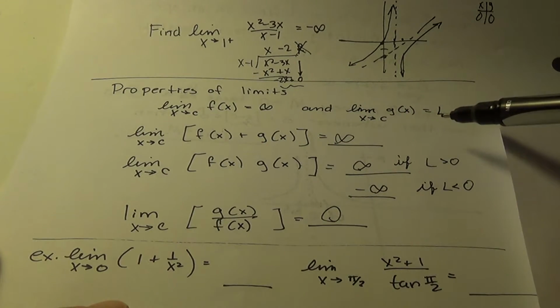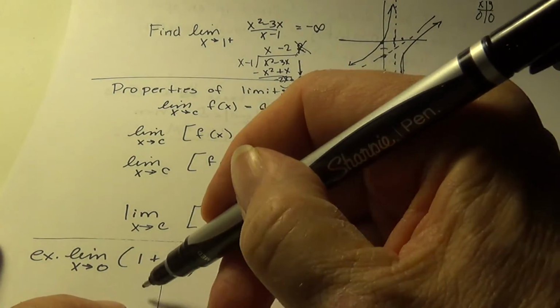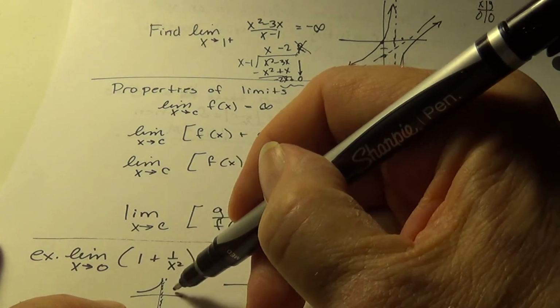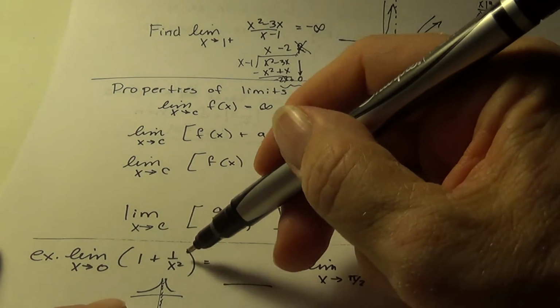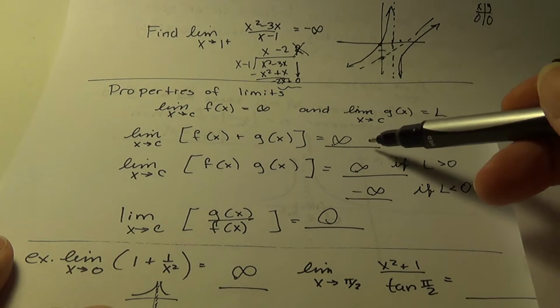So that's a finite L. And we're adding it to this term. What's the limit? That has a vertical asymptote and it goes up like a volcano. So you can see that the limit is infinity for that one. And so we have 1 plus infinity. So we get infinity, just like this rule.